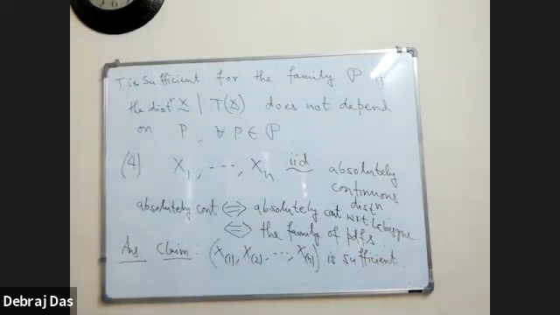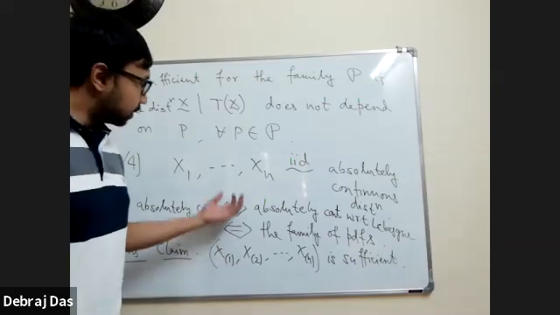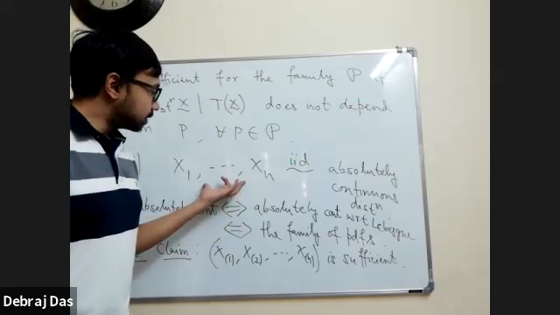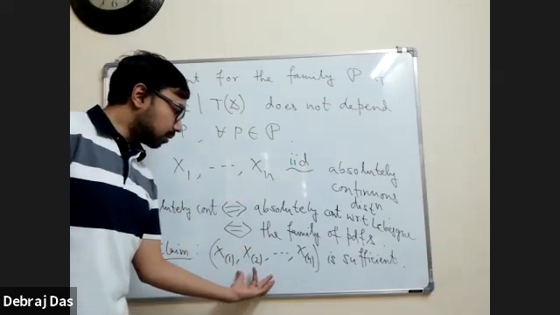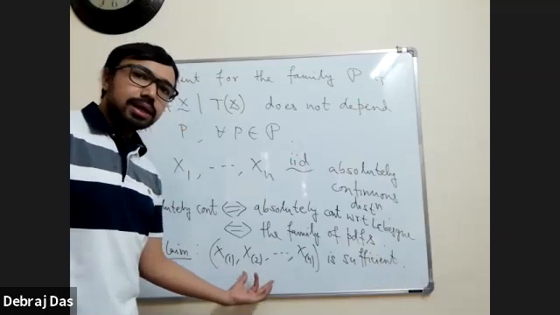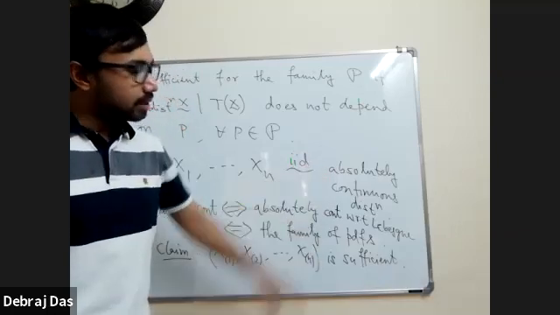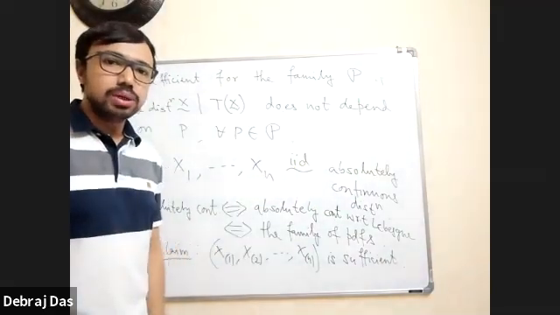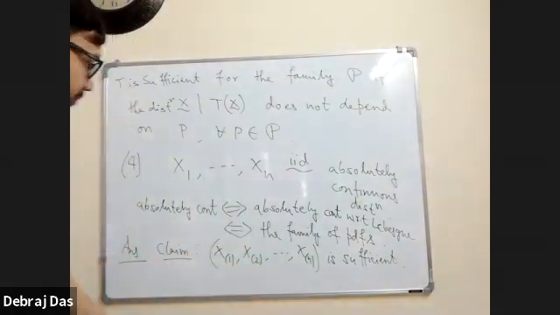Why is that? What you need to show is that the conditional distribution of the sample given the collection of order statistics is independent of any choice of absolutely continuous distribution, right? That is what you need to show.